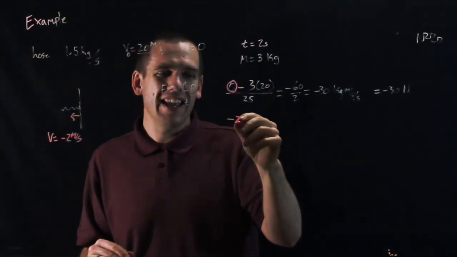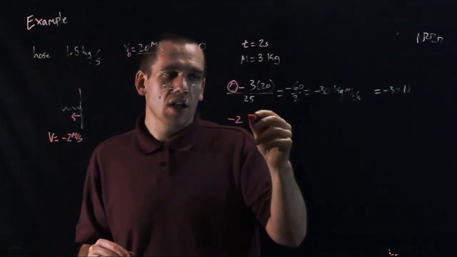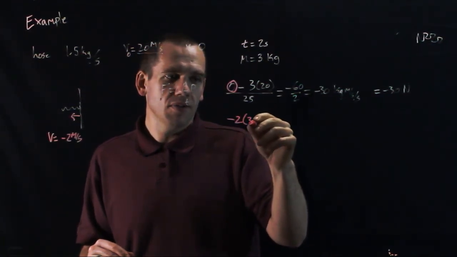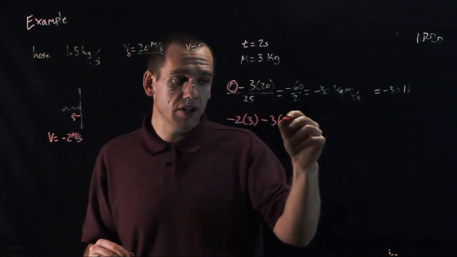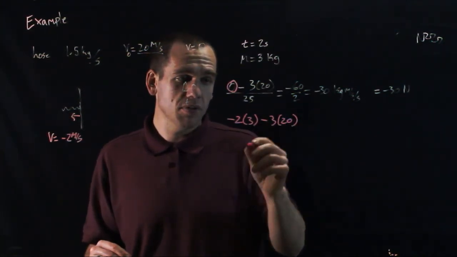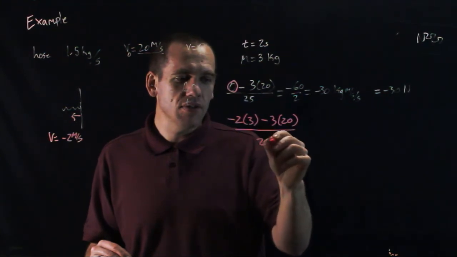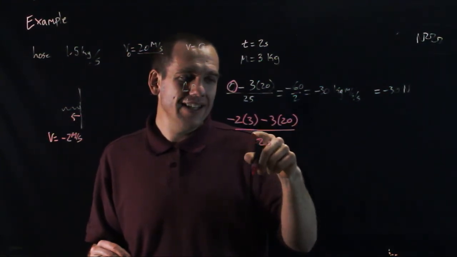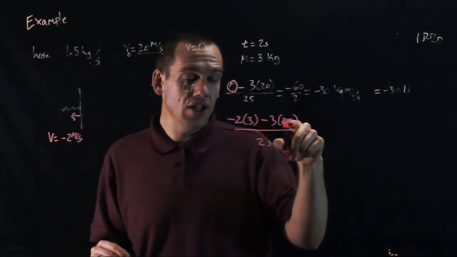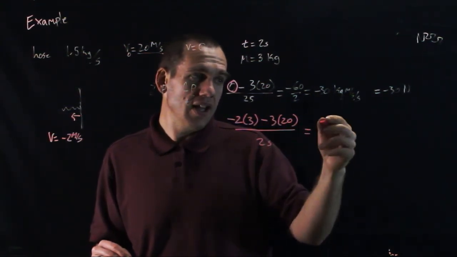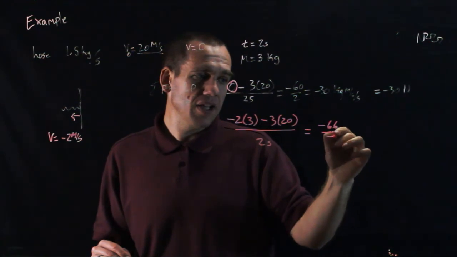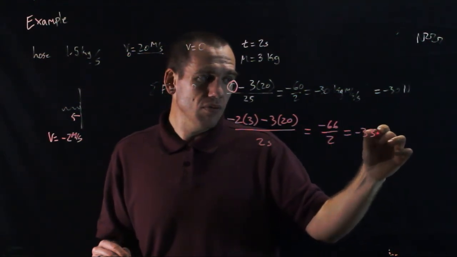And so we'd have to take negative 2 times our 3 kilograms of water minus our 3 kilograms of water times its initial velocity of 20 meters per second, divide that by 2 seconds, and what we would see is that this is actually a greater change in momentum. So negative 6 minus 60, that is negative 66 divided by 2, which is negative 33 newtons.